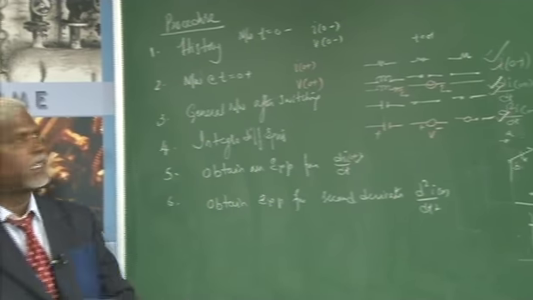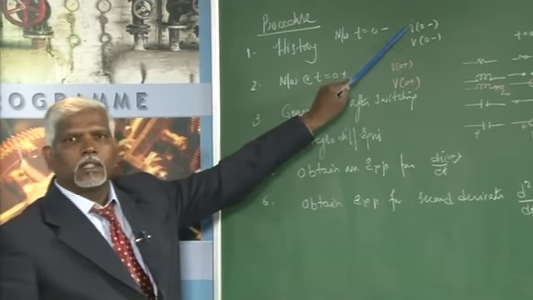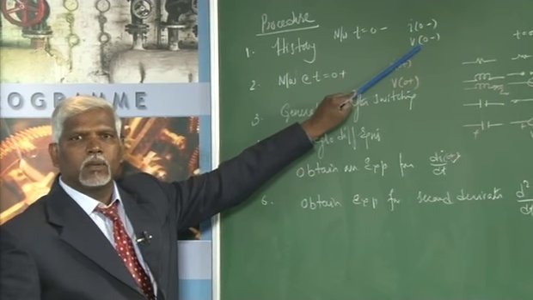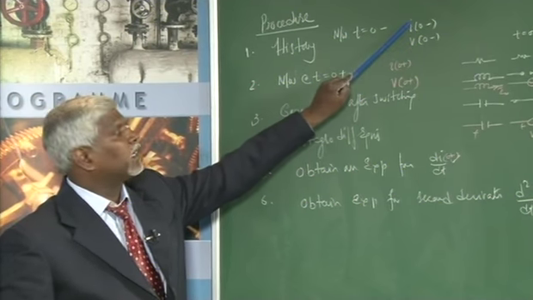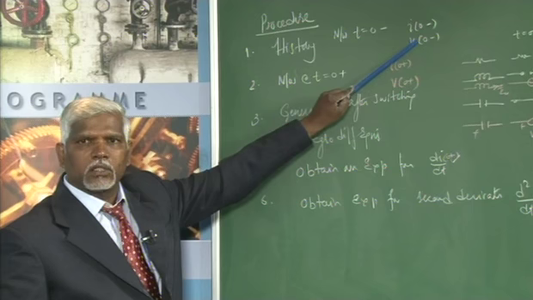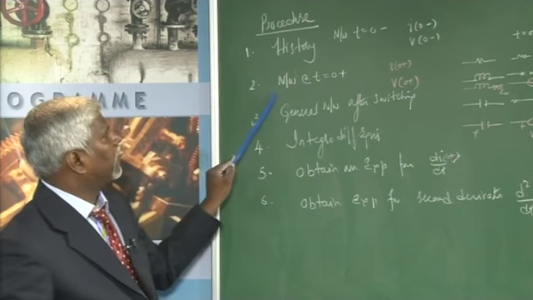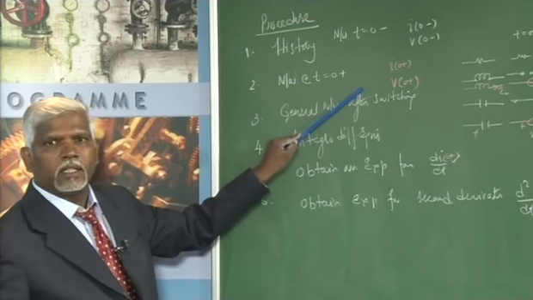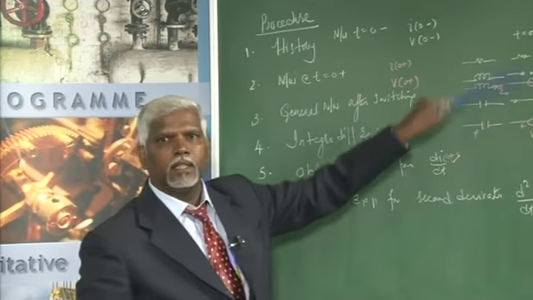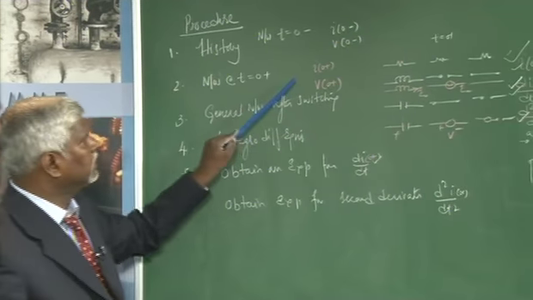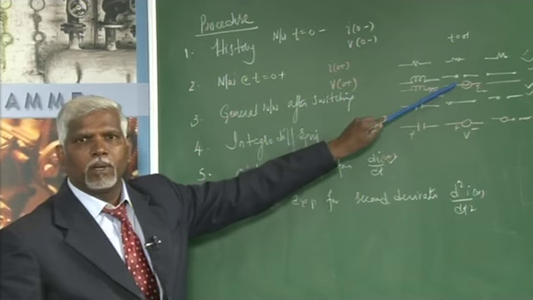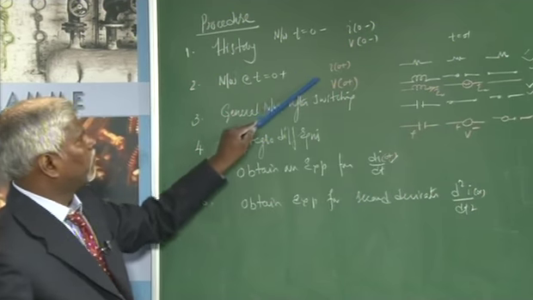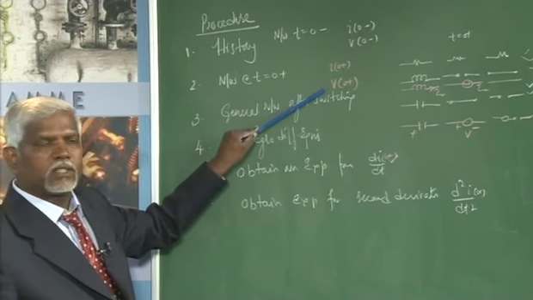First thing is the history. You need to know the current at 0 minus, voltage at 0 minus: if there is an inductor, the current through the inductor; if a capacitor, the voltage across the capacitor. Network at t equal to 0 plus: using this table, replace the elements with an open circuit or a short circuit. Find I at 0 plus, Vc at 0 plus.